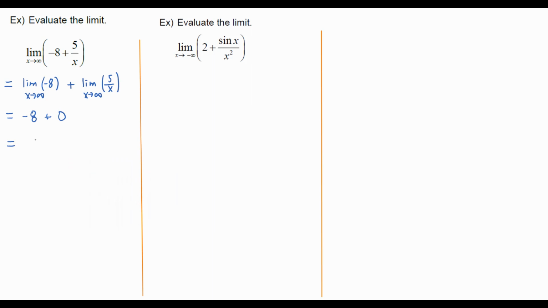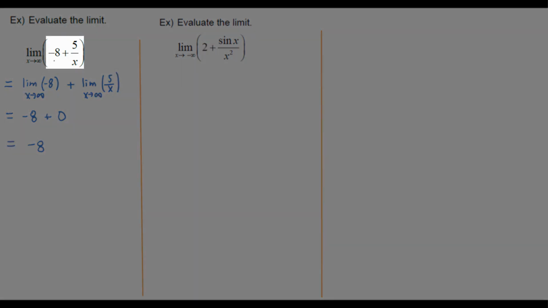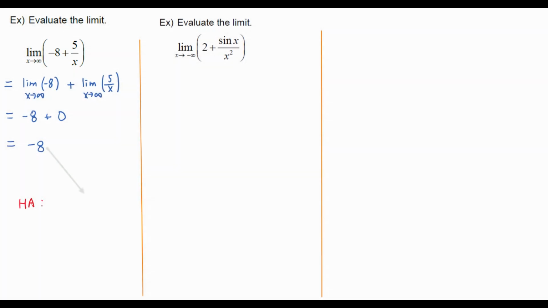So therefore, the limit is negative 8. Although that's not what this problem asked. Just for your information, this function, negative 8 plus 5 over x, will have a horizontal asymptote y equals negative 8.